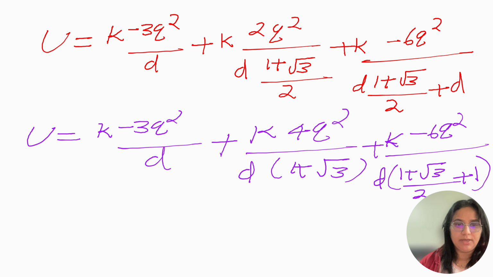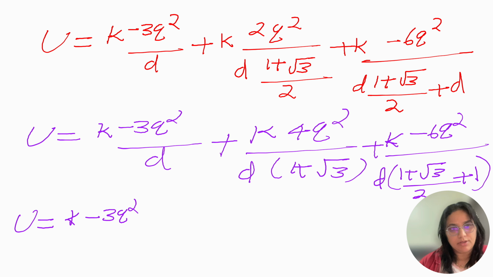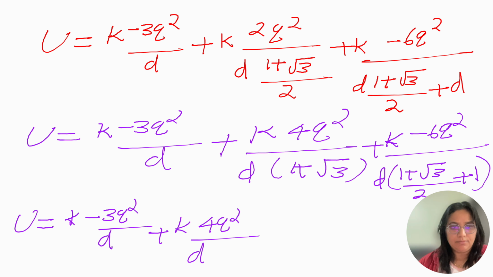If we further simplify, U is equal to K into minus 3q square divided by d plus K into 4q square divided by 1 plus root 3, plus, taking an LCM here, 1 plus root 3 plus 2 divided by 2, with 2 taken to the numerator.